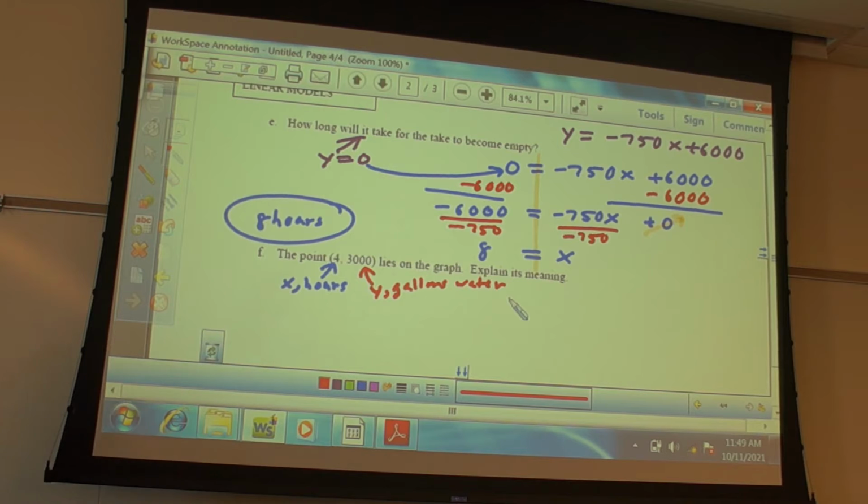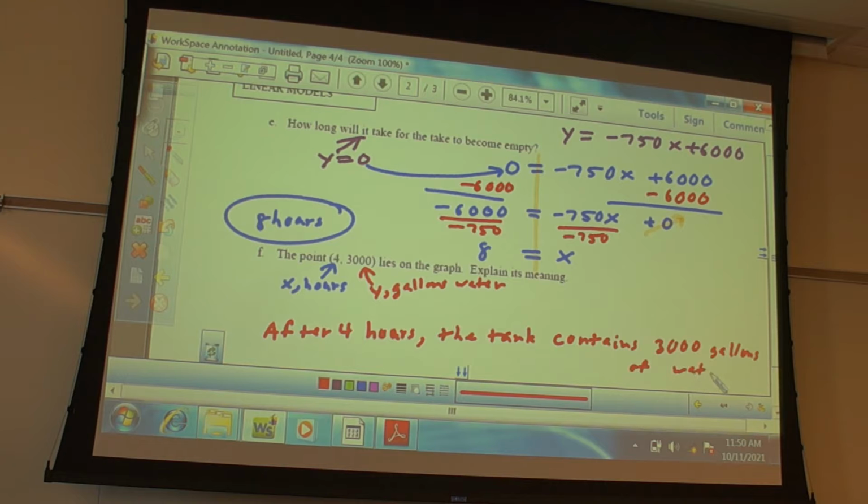So what does that mean? That means after 4 hours, after 4 hours what? Someone help me out here. The tank contains 3,000 gallons of water. Yes, the tank, nice. Perfect. Thank you, Natalia. I appreciate your help with that. Perfect. Okay.